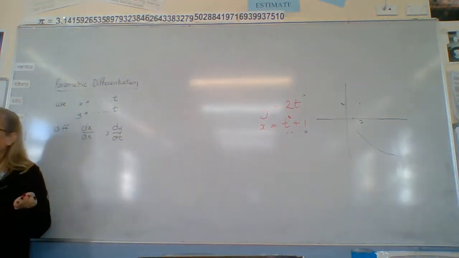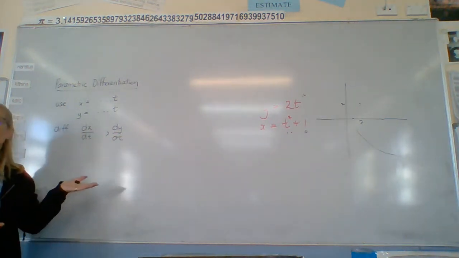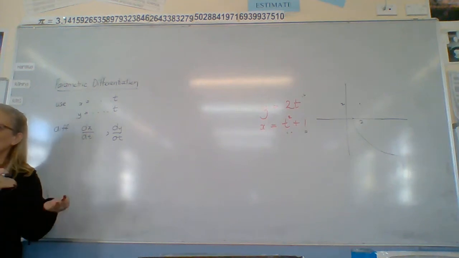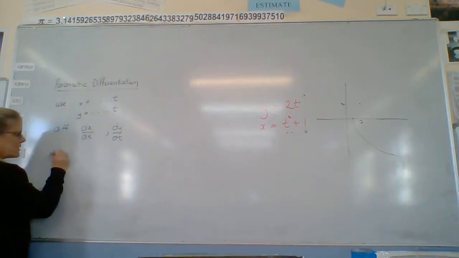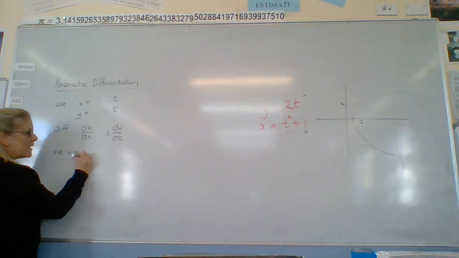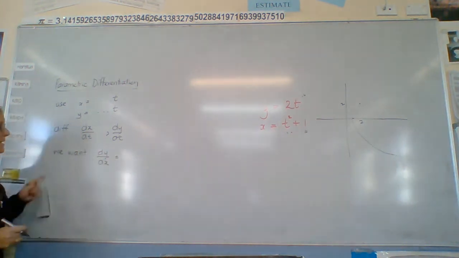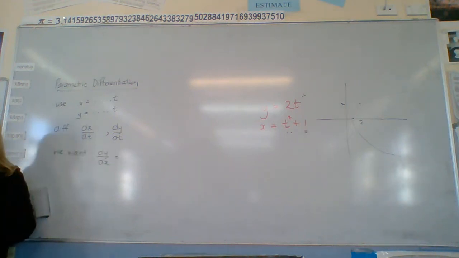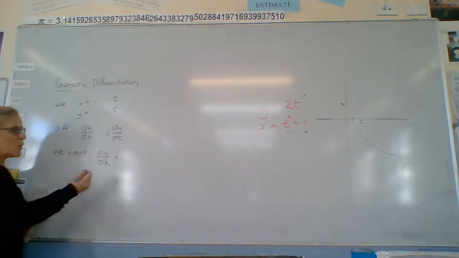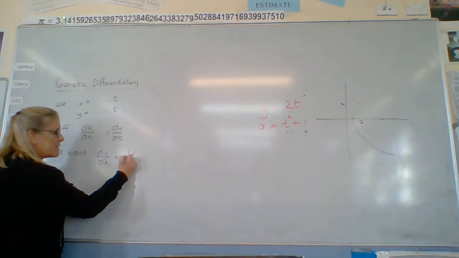Now we're trying to find the gradient, or we're trying to differentiate to get dy by dx. All right? But we've got these two things. So we want dy on the top, which is why I do y first.